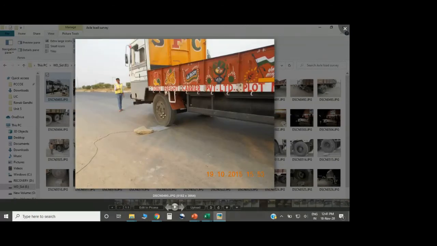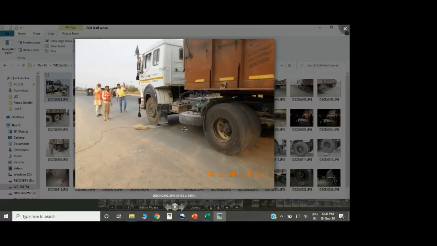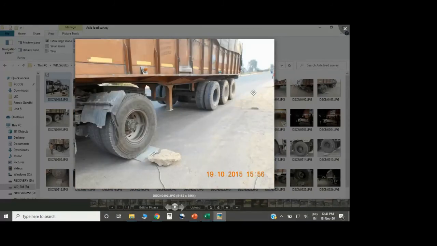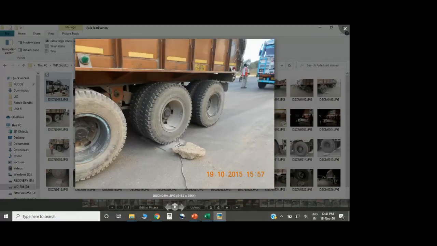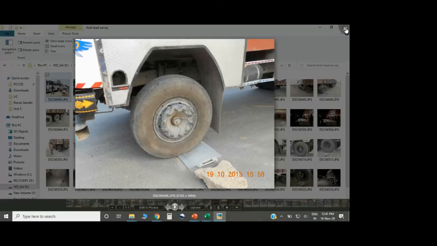For the same vehicle, we measured the front axle and then the rear axle. So in this way, whatever the number of wheels, if you see here, in the rear axle, there are 4 rear axles. One is single and the others are in tridem. So for that also, each wheel you have to take onto the weighing pad and weigh it. So in this way, you do the axle load survey.